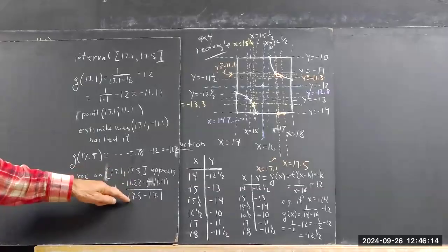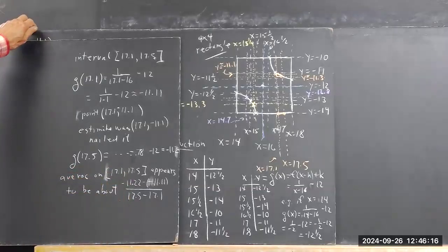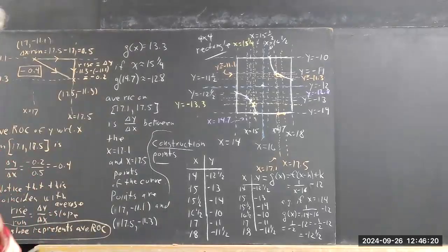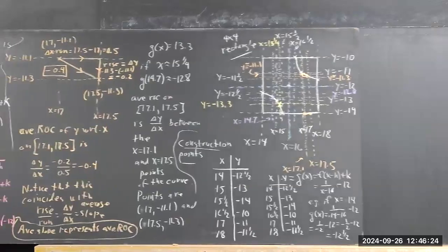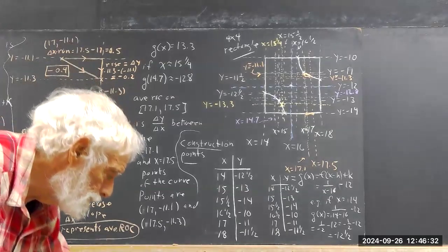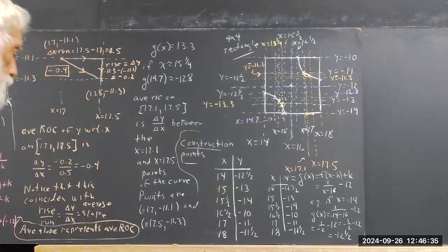And then here's my delta y over delta x, which I calculated in detail over here. I got negative 2 over, my delta x is not 0.5, is it? Oh boy. I'm glad I discovered that error.